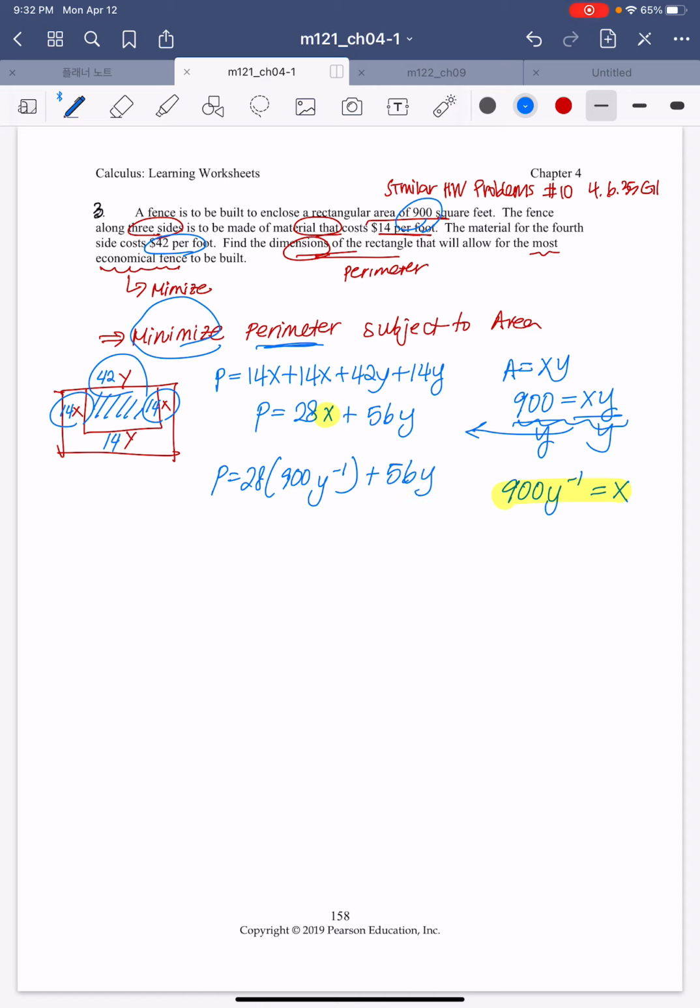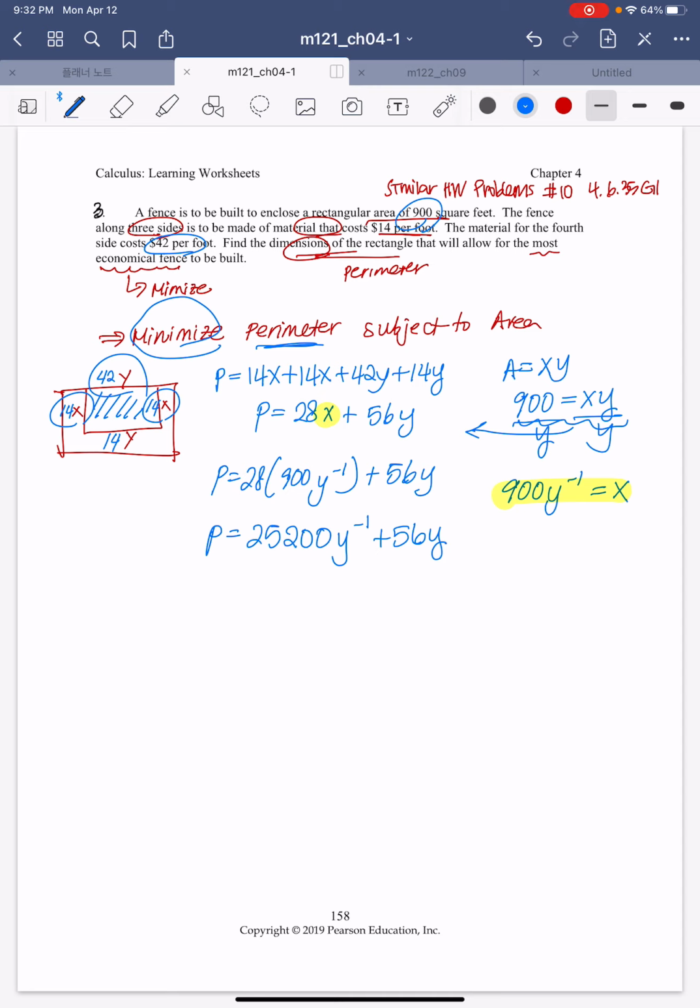So 28 times 900 will equal 25200 y to the negative 1 plus 56y. So we found the perimeter function that we want to minimize.